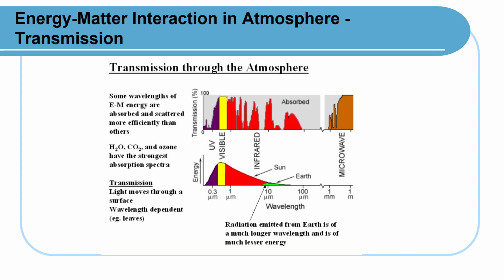If you look at the bottom diagram of energy versus wavelength, where the arrow is pointing, it's showing that radiation emitted from Earth is of a much longer wavelength and a much lesser energy than the other types of energy. And the one on the top, again, is showing those troughs and those peaks of windows and absorptive areas.